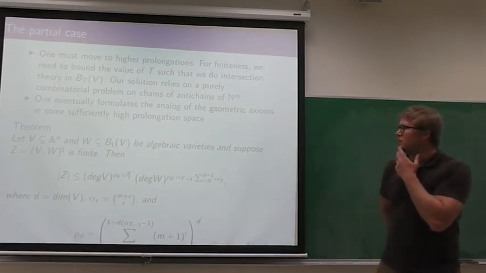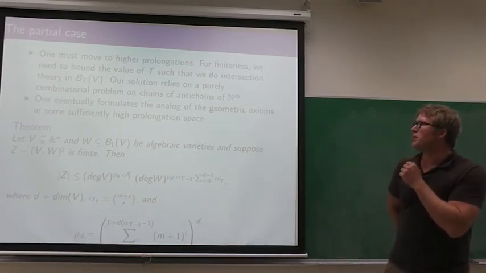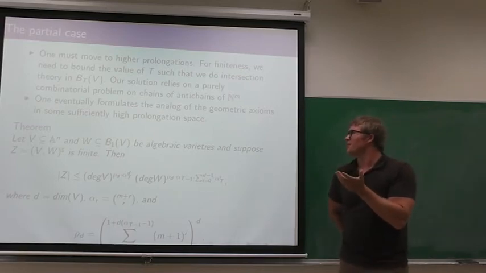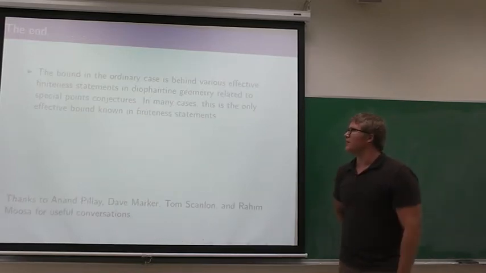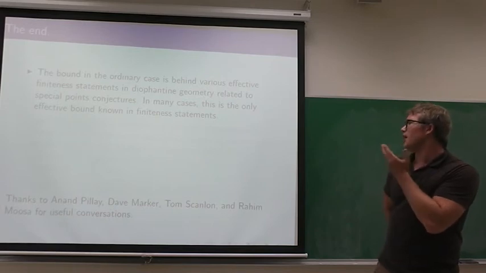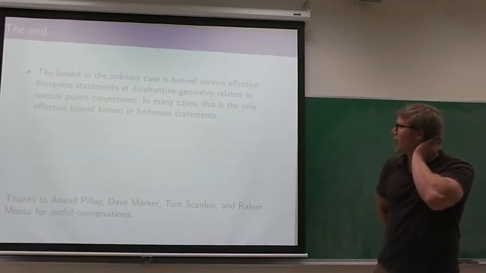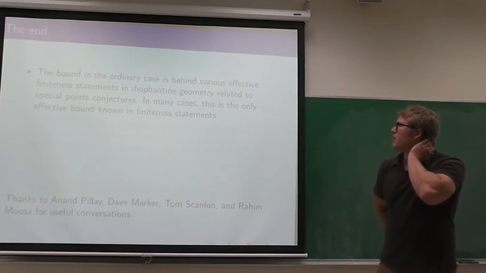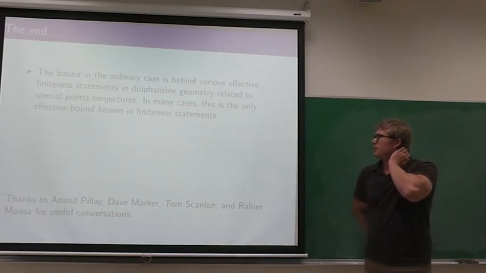Maybe there are other solutions to this problem, and maybe they'd be better than the bound we calculate. And so, yeah, I just have a few comments on the bound. There's an interest in improving the bounds if you could.